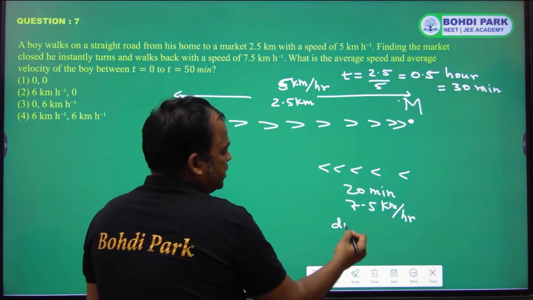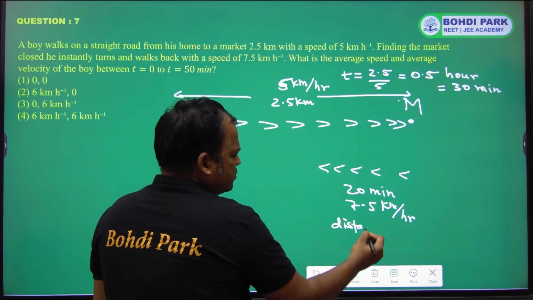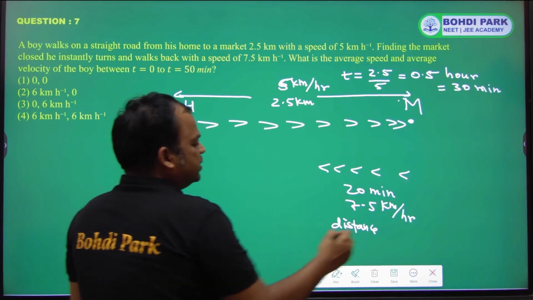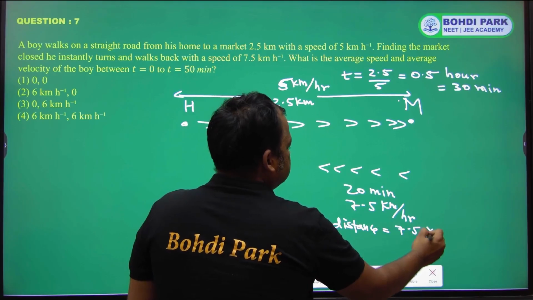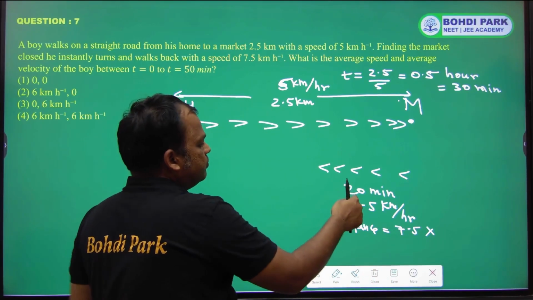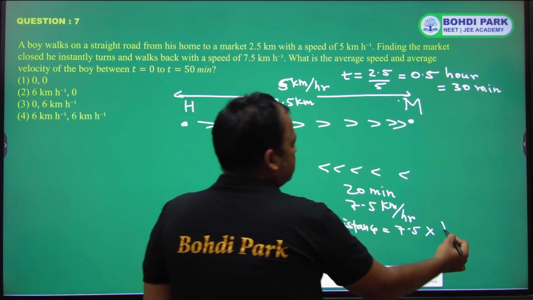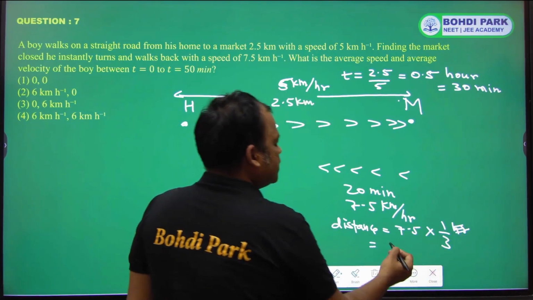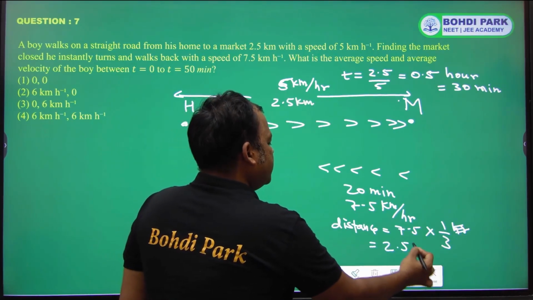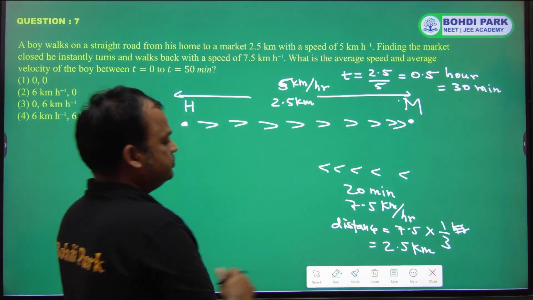So displacement, or we can say distance also, left side it is going. Distance is equal to speed into time. 20 minutes into hour is 1 by 3 hour. So that is 2.5 kilometer.